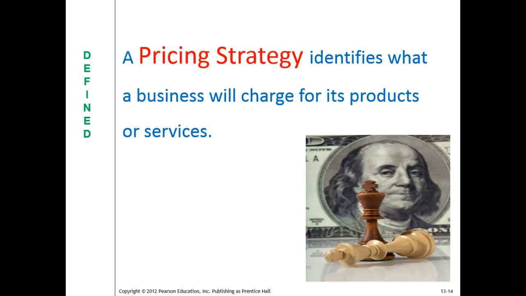Once all of the analysis on considerations and costs and demand are conducted, and all practices are considered, a firm will then develop a pricing strategy. A pricing strategy identifies what a business will charge for its products or services.